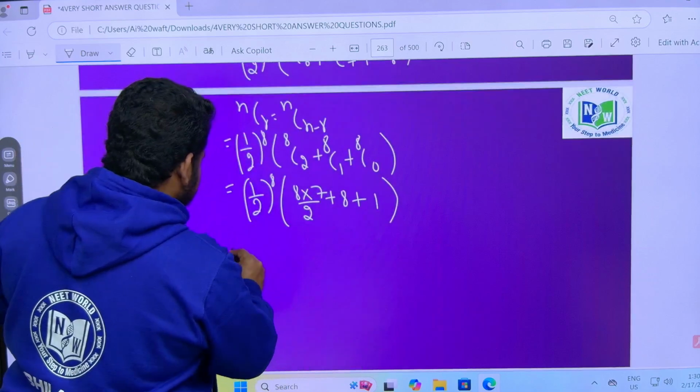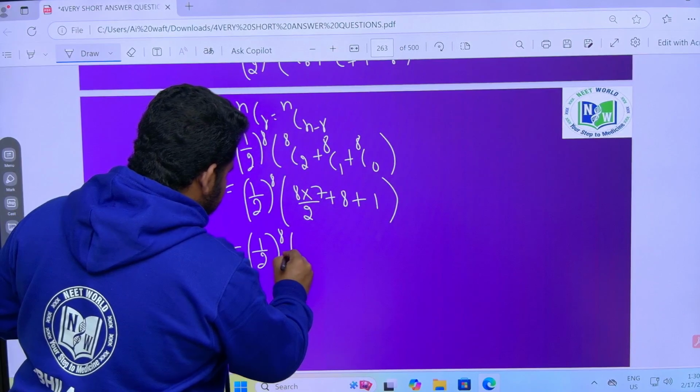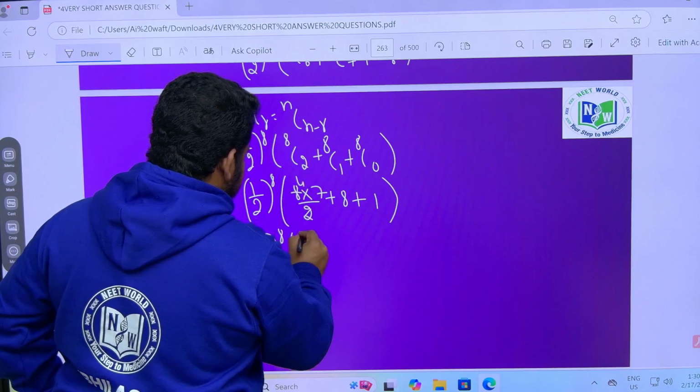So this will give us 1 by 2 to the power of 8 into, 2 4s are 8, 7 4s are 28.